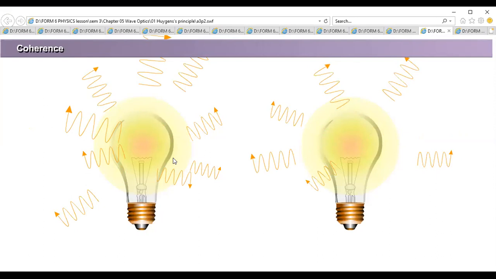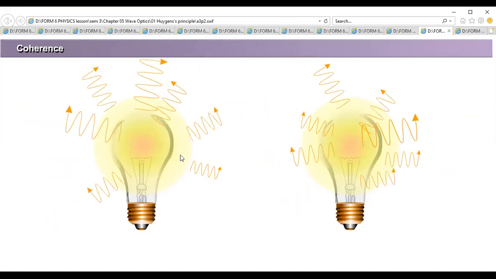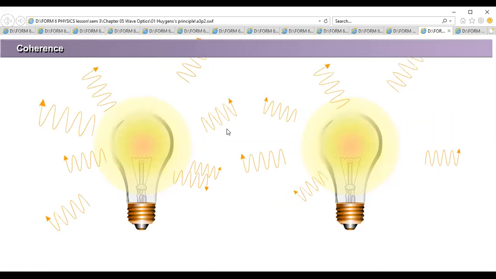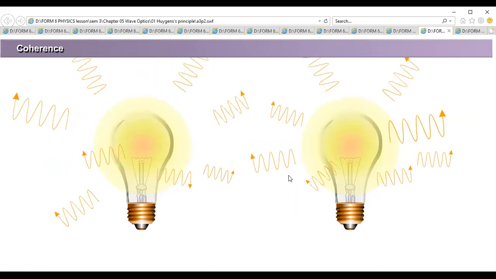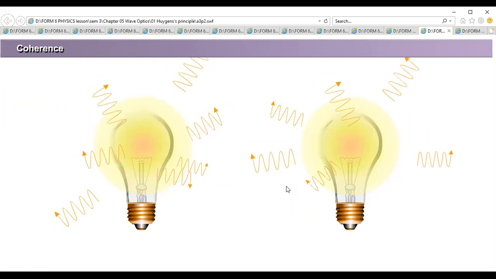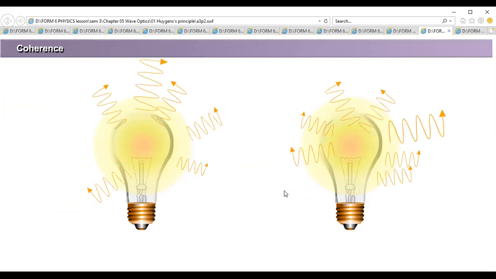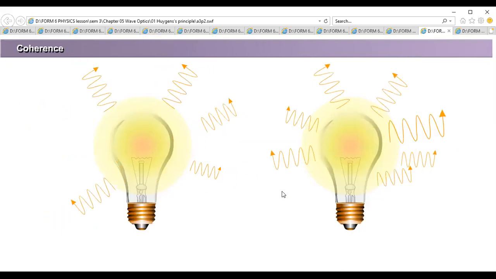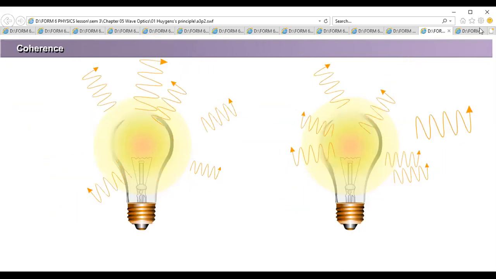Meanwhile, we can use one bulb and let the light pass through a single slit, and after that through a second slit. That means the two sources produced at the double slit are considered coherent because they are from the same source.